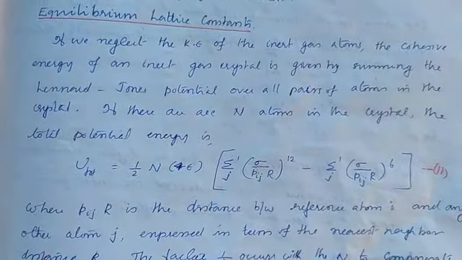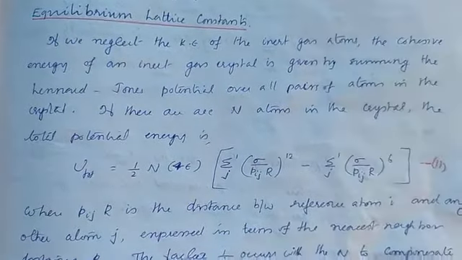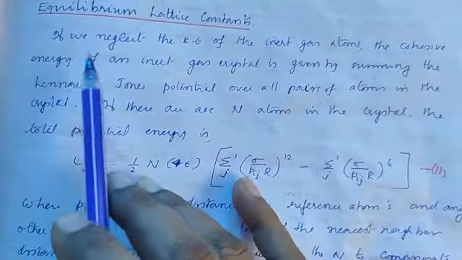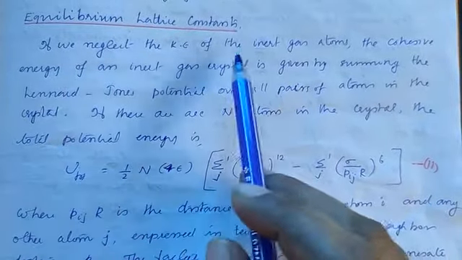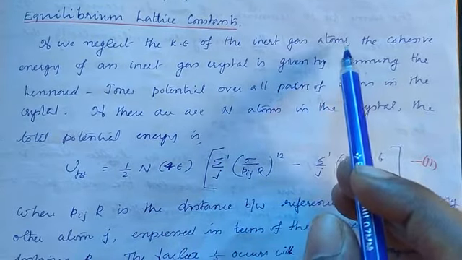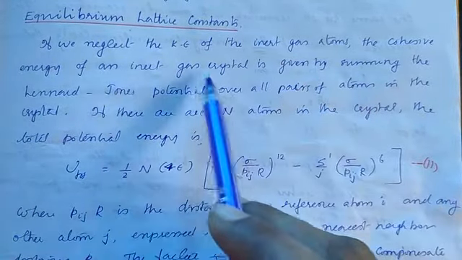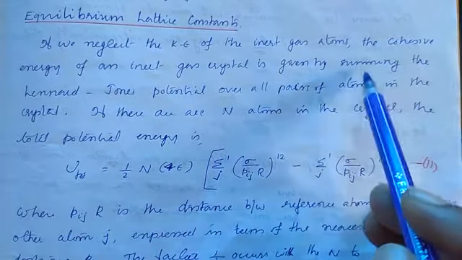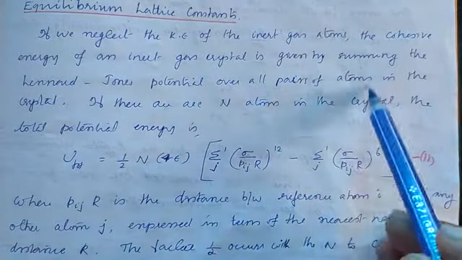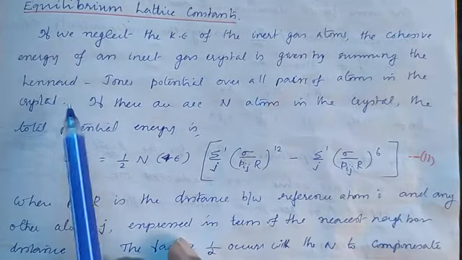So next we'll look at how the lattice constant is evaluated. Okay, if we neglect the kinetic energy of the inert gas atoms, the cohesive energy of an inert gas crystal is given by summing the Lennard-Jones potential over all pairs of atoms in the crystal.